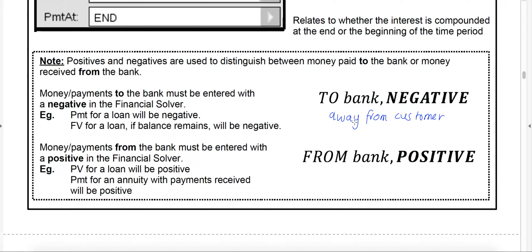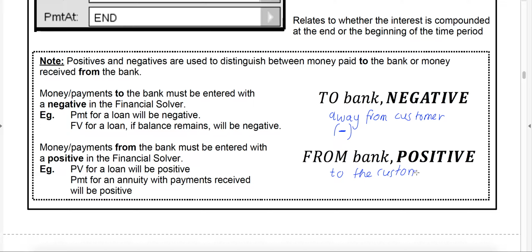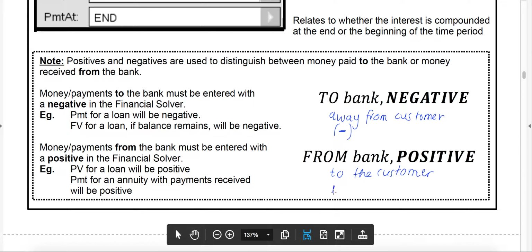So away from the customer means it needs to be listed as a negative. The opposite is true: if it's going to the customer, that means it's being deposited in their account, which means it should come up as a positive in their account.